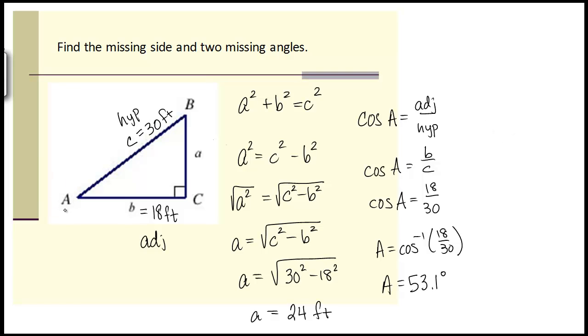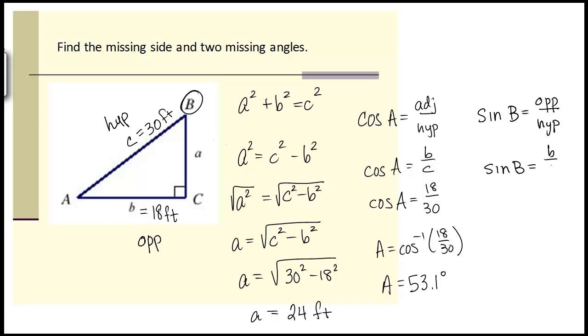So now I'm going to do it with respect to angle B. That means that side B is the opposite now. C is always the hypotenuse. That's going to give me sine of angle B. Sine of angle B is going to be B over C, which is 18/30.